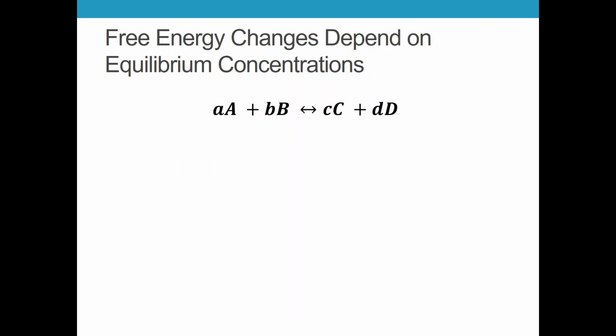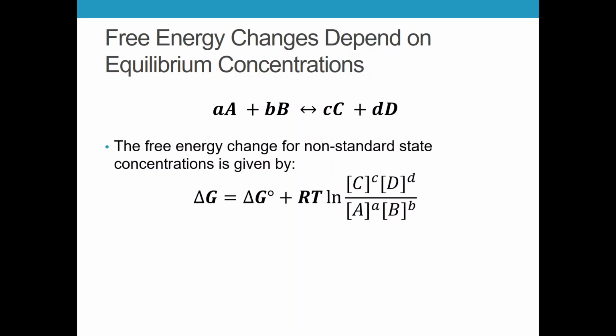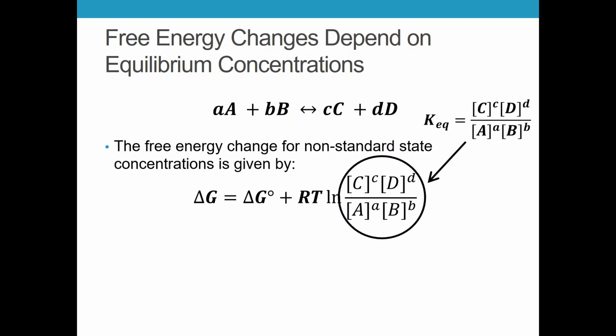We can write out an equilibrium expression for this, and ultimately you'll see that my equilibrium constant can be defined in this way: the product of my product concentrations over the product of my reactant concentrations, all of them raised to their stoichiometric coefficients. And so here ultimately my equilibrium constant is just the ratio of product to reactant.